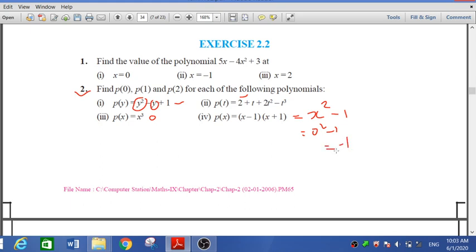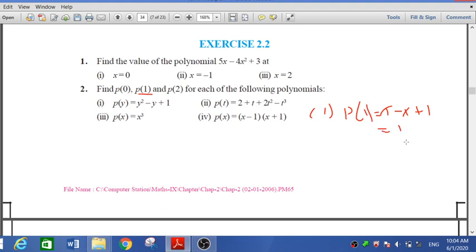So in exercise 2.2, all sums are easy. Now we are doing P of 1. Now in the first equation, if I put P of 1, as we always discussed, then write the coefficient of it. So 1 minus 1 plus 1. So this is cut, the answer is 1.